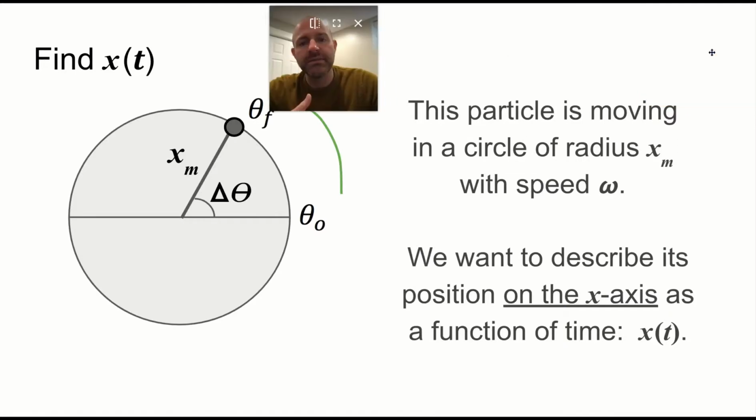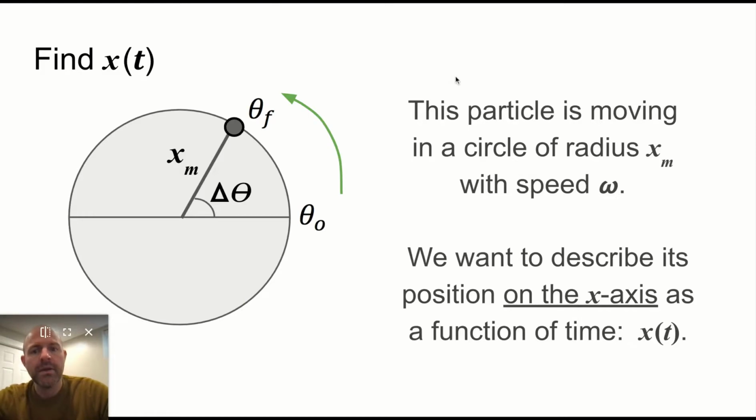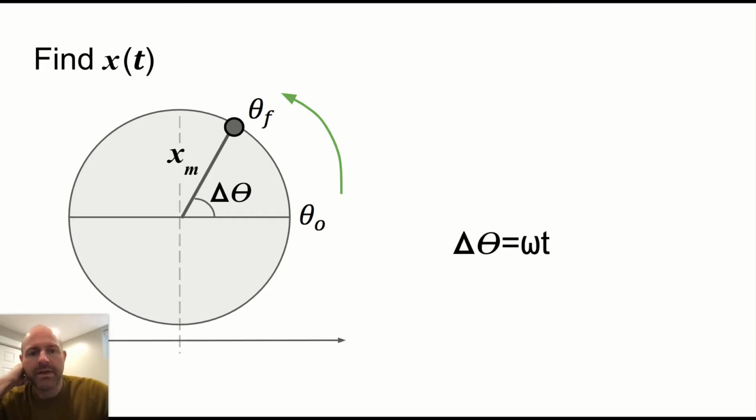So if you imagine something moving around in a circular path, we know from rotation and circular motion that we can talk about the angular displacement and the angular velocity. If we were to use the x position as just one part of that circular motion, we could talk about that one there.